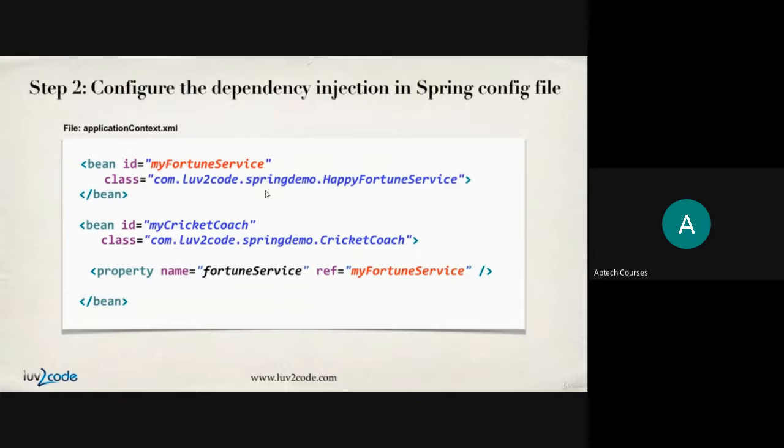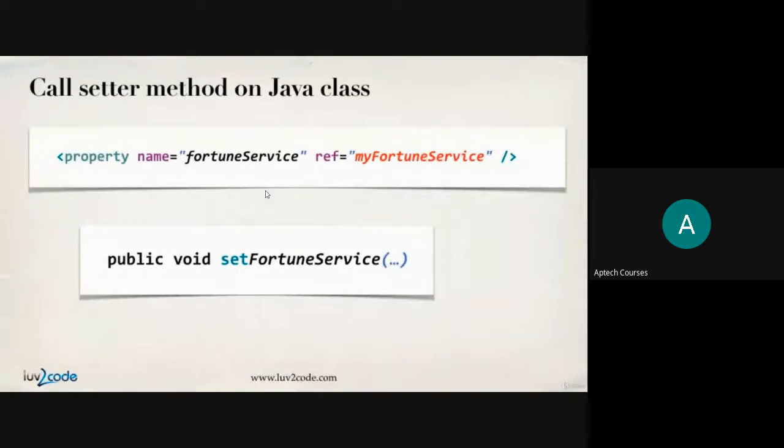Now, when you have property name equals fortune service, what Spring will actually do is take that property name and call the setter method on your class for that given property. It will look for a public method called set fortune service. Spring will call set fortune service, and pass in that value for that call.